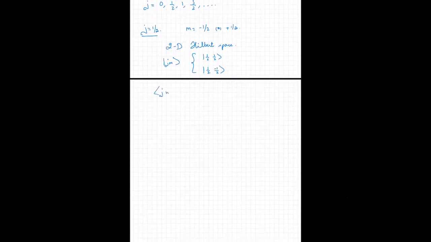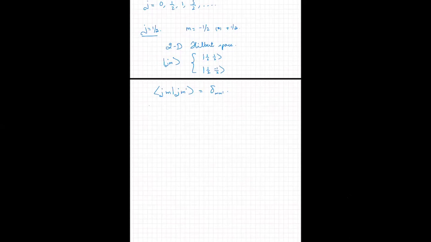Remember that ⟨jm|jm'⟩ is δmm'. This is true because m and m' are the eigenvalues of a Hermitian operator Jz. Eigenkets corresponding to different eigenvalues of a Hermitian operator are orthogonal because of our general theorem.